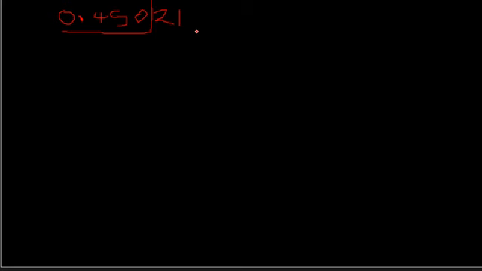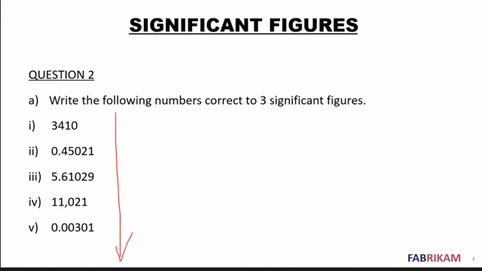Let's go. 5.61029. Okay, 5.6. Okay, here is the decimal point. 5.62109.